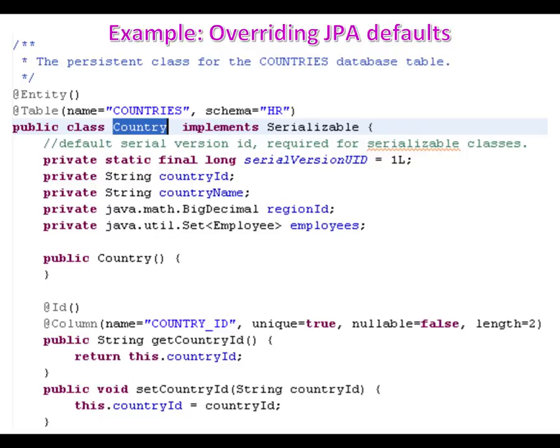What else we got here? Okay, the ID, that's same. Column, this is an example, because the field is called country ID, and they want it to be called more database-ish, country underscore ID.